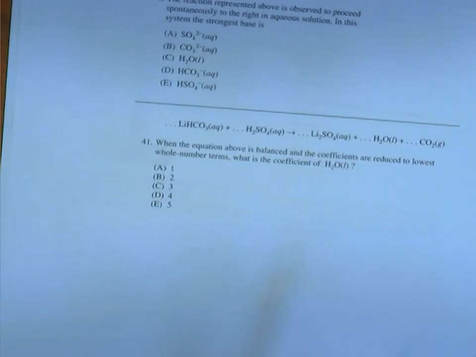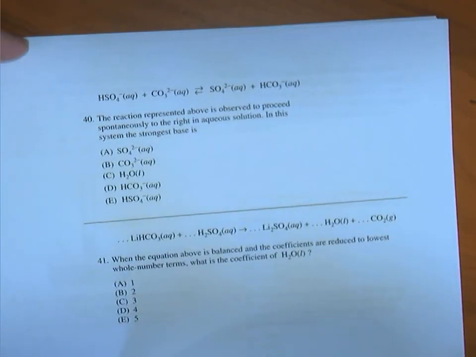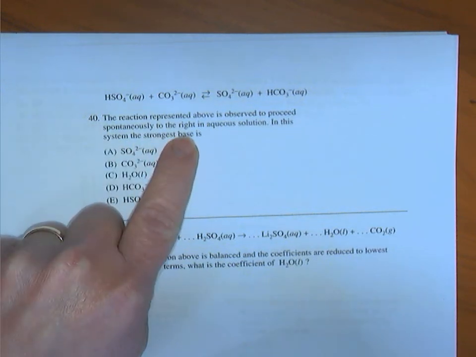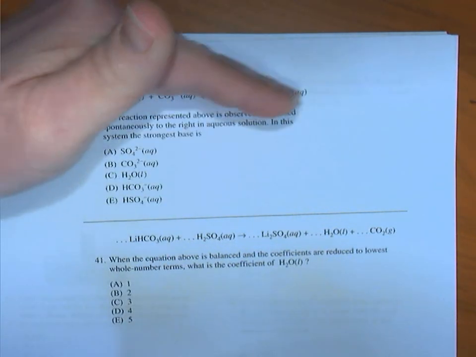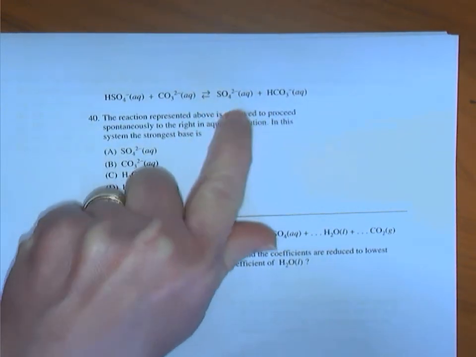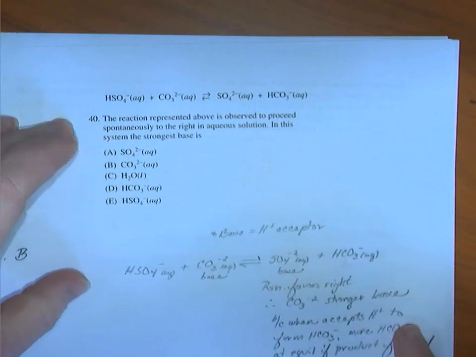All right, number 40. So this is asking about strength of base. We are told that this reaction is favoring right, spontaneous to the right. So we know our K would be much greater than 1. We are going to have more product than we do reactant. Well, bases accept the hydrogen ion.